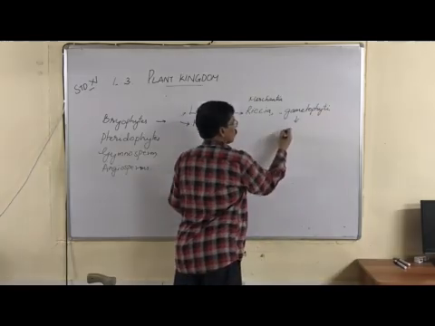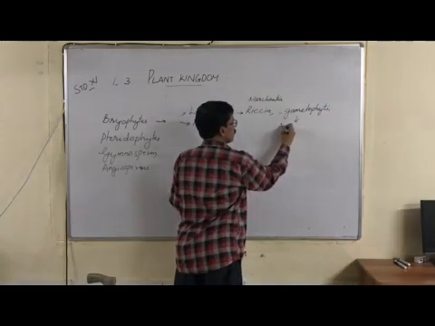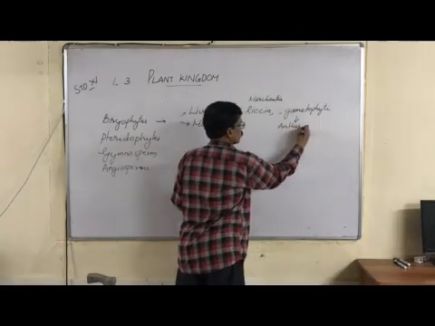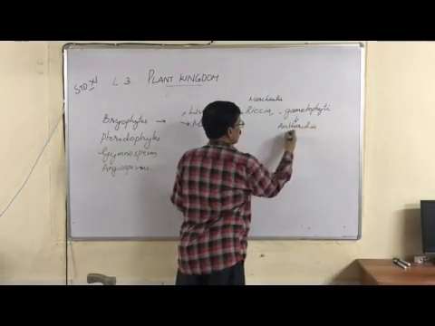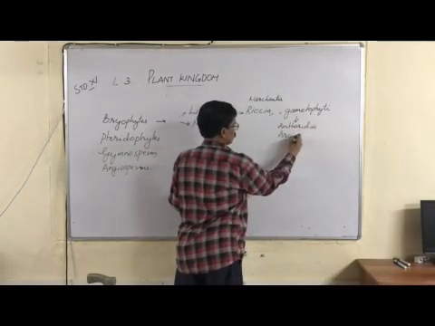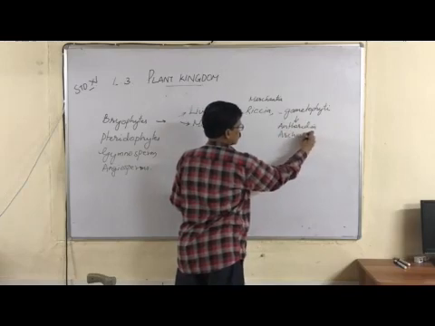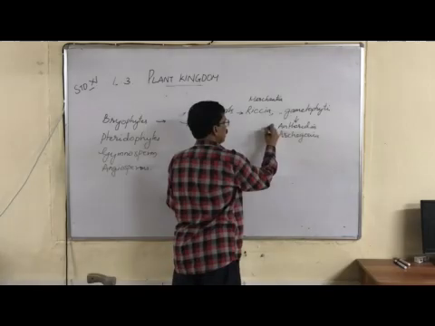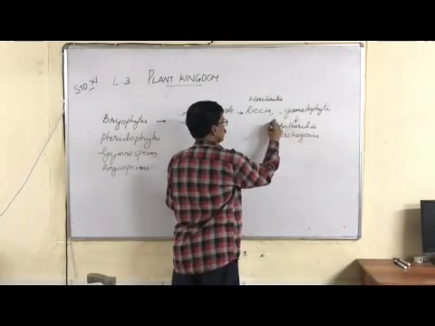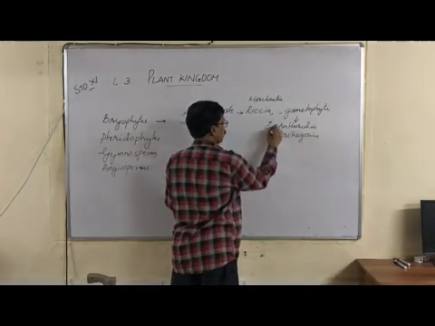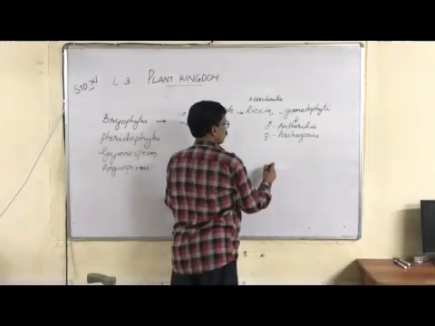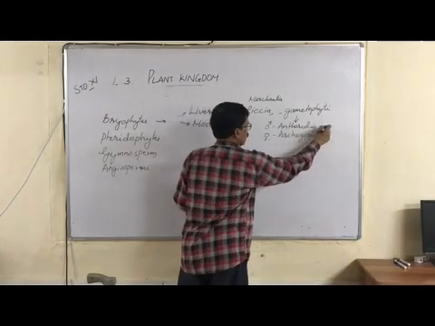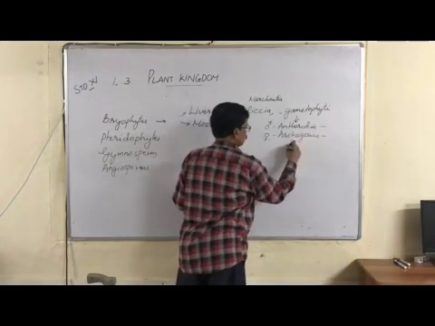The gametophyte produces antheridia and archegonia. Antheridia are the male sex organ and archegonia the female. They produce male gamete and female gamete.